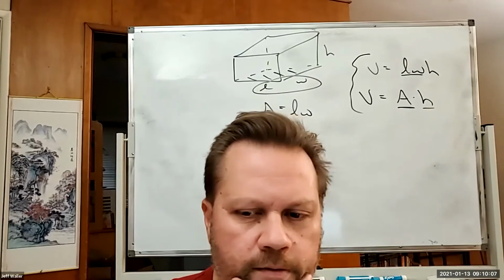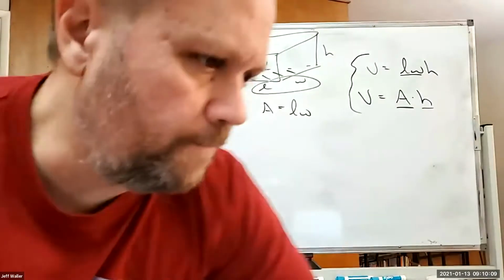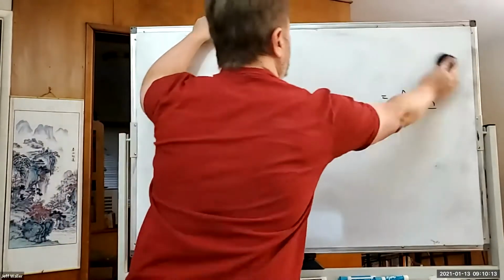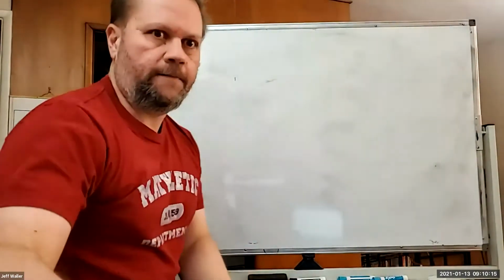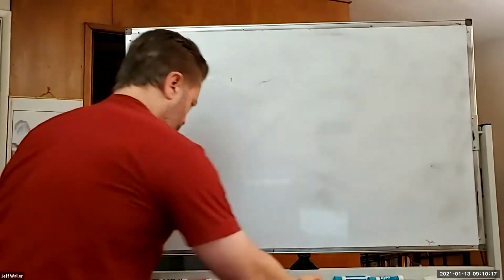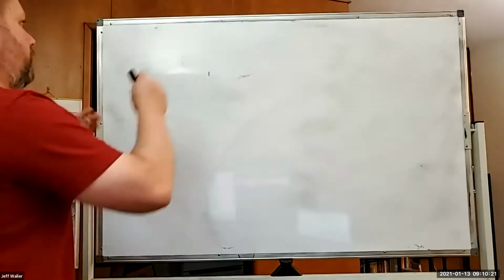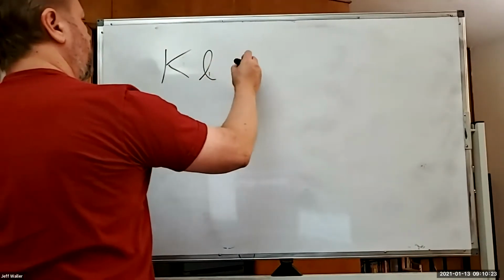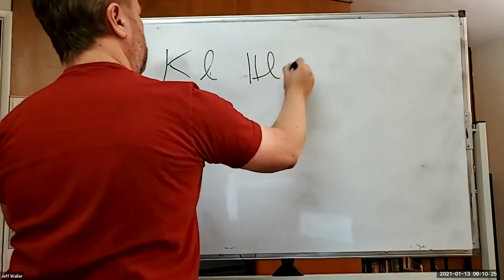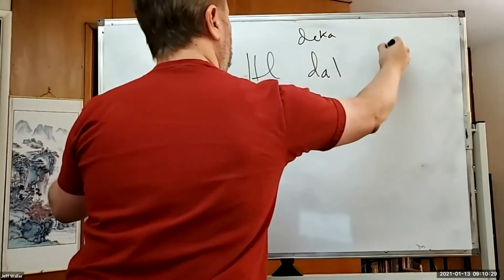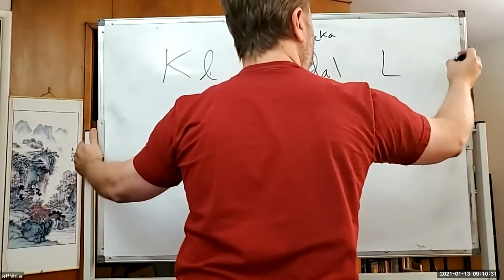So if I have kiloliters, hectoliters, this is liters, right? Deca. And then liters, and then deciliter.